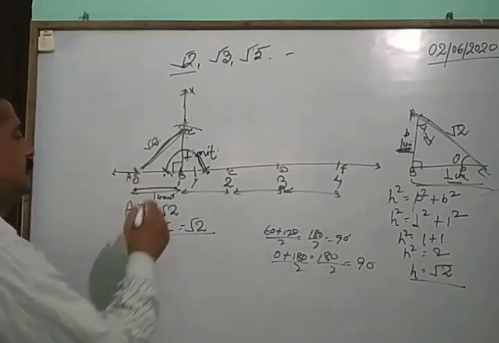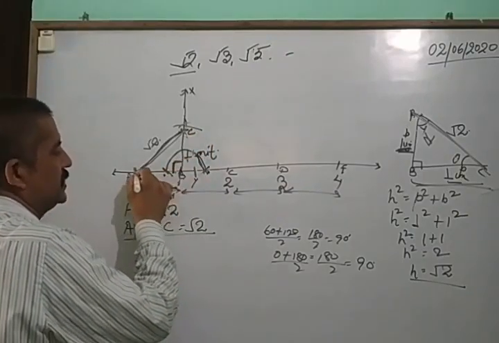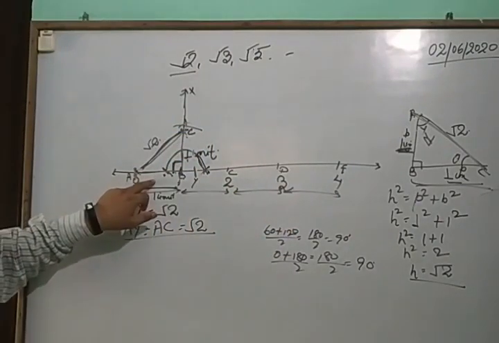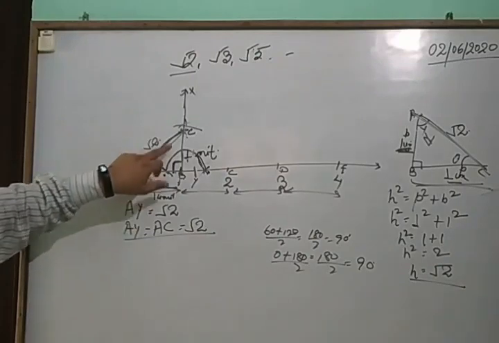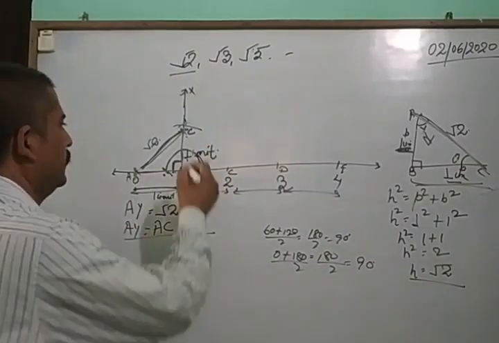Again 1 unit, it is the right angle. Justify by the Pythagoras theorem: B square plus B square is equal to H square.